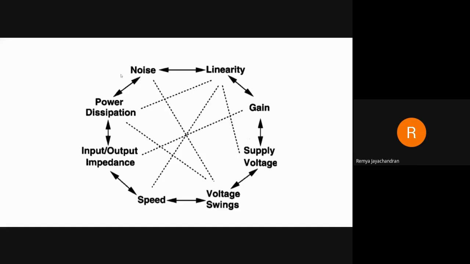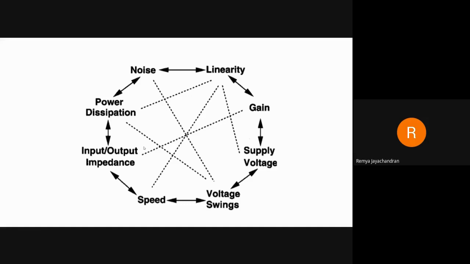So these are some of the factors that we have to consider in designing an analog circuit, and these are interrelated. There are trade-offs among these factors. So you have to design a circuit with respect to the constraints and specifications. If it's an area constrained application, then you have to focus more on the area.